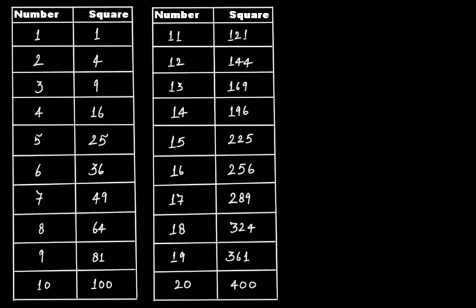Now, what we are going to discuss is, the property is that every perfect square or square number will end with either 0, 1, 4, 5, 6 or 9.